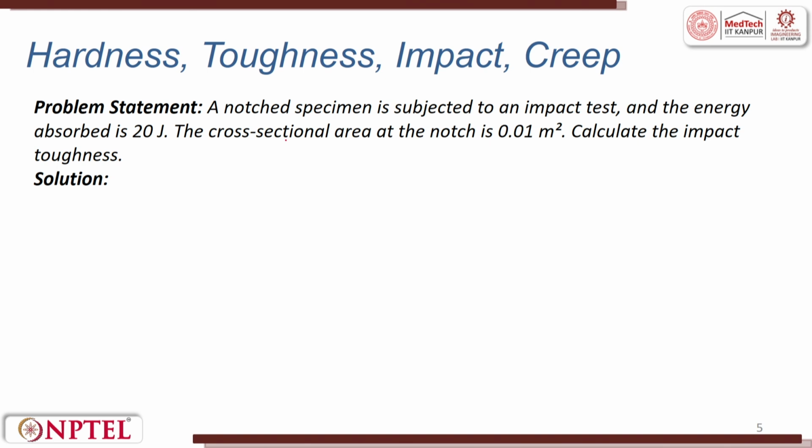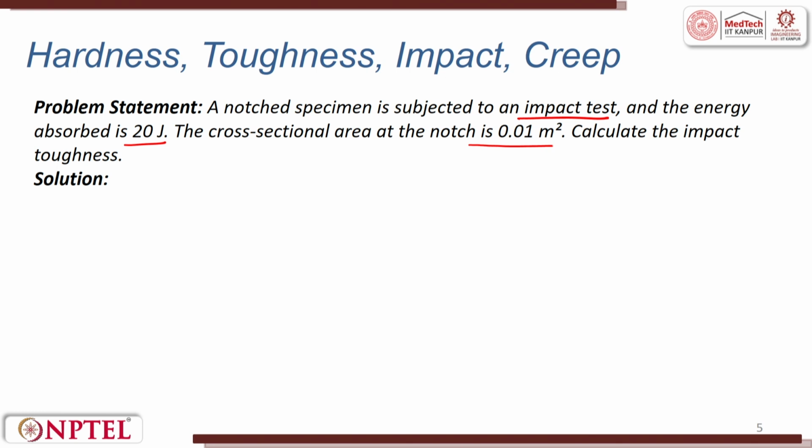A notch specimen is subjected to an impact test and the energy absorbed is 20 joules. The cross-sectional area of the notch is 0.01 meter square. Calculate the impact toughness.